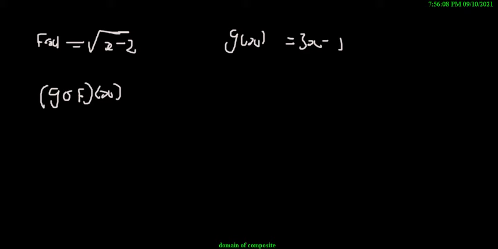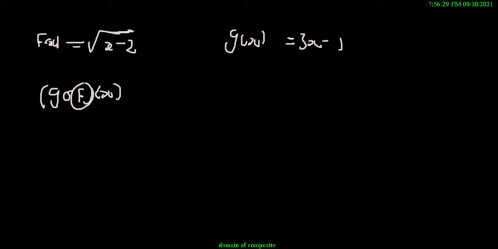Instead of finding gof first and then checking at the end whether there's a possibility of it being undefined, we can simply find the domain directly, and always start with the second one.